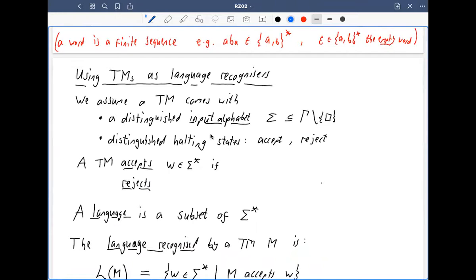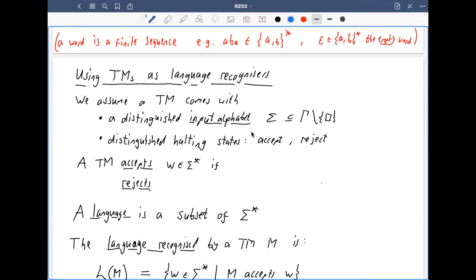So actually, in the case that we're mainly going to be interested in this course, we have a little bit more information than we've given so far with the machine. So the idea is that we're going to use a machine to give it an input word, and we want the machine to tell us either do we accept this word or do we reject this word.